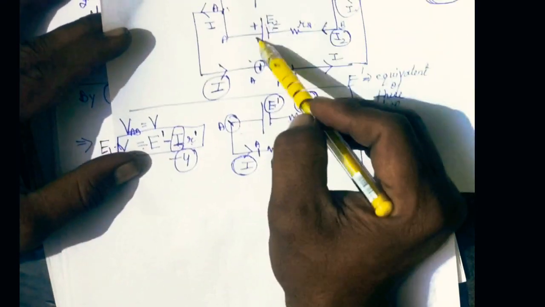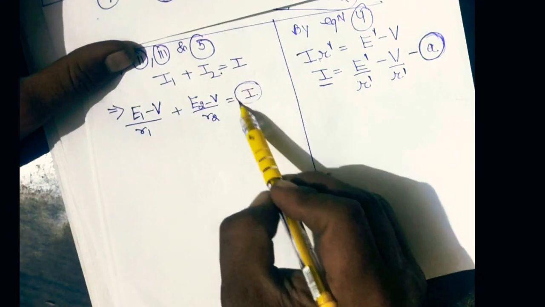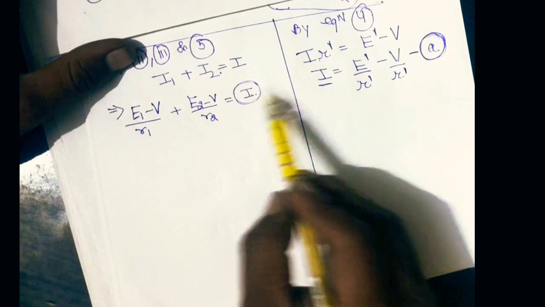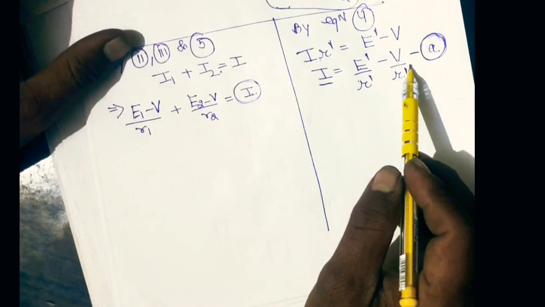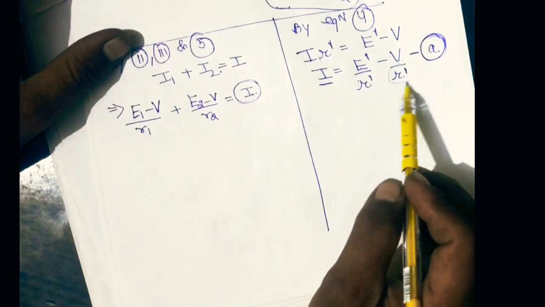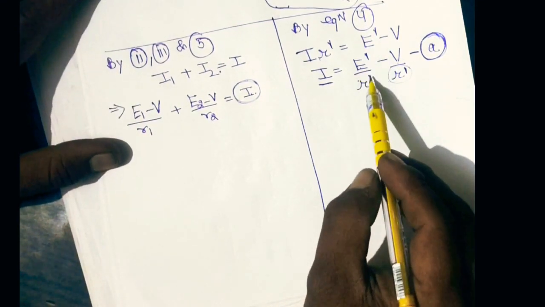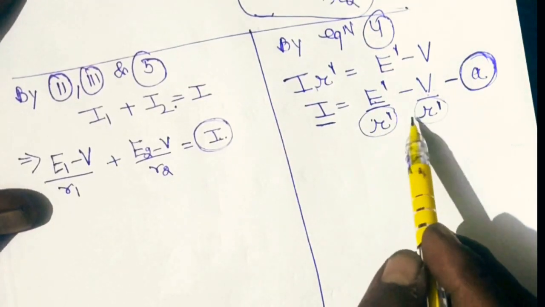So this is the value of I that I am getting if a single cell is used, and if I am using multiple cells, then also I am getting the value of I. So now I will bring this equation into a form comparable to this form. The term that will be divided by V will be the equivalent resistance, and the term that will divide E dash will be equivalent resistance.